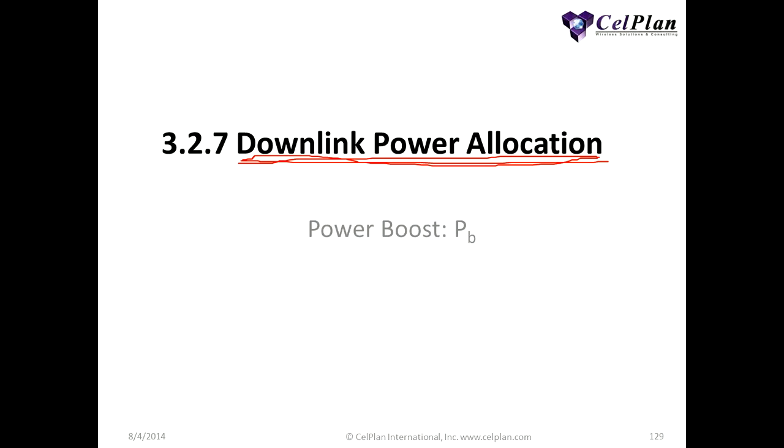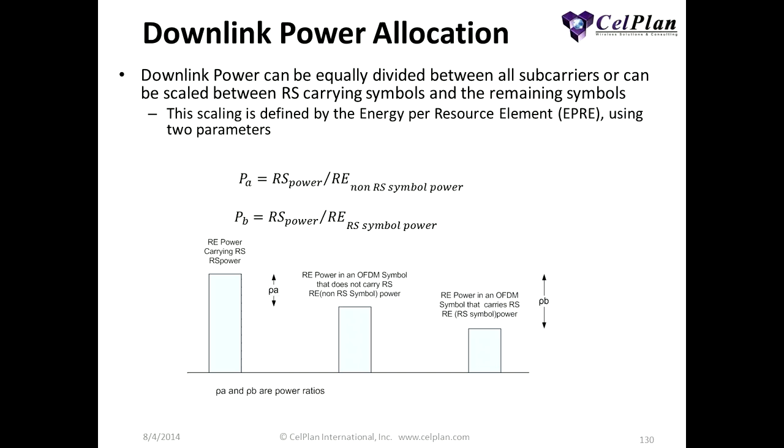I have to speak a little bit about downlink power allocation, because this will appear later on in one of the parameters. LTE allows a small power boost in the downlink for some signals. I will not go into many details here, but basically it defines energy per resource element.